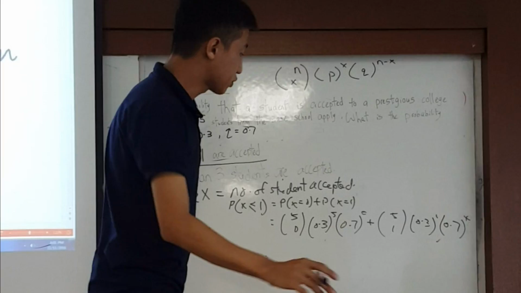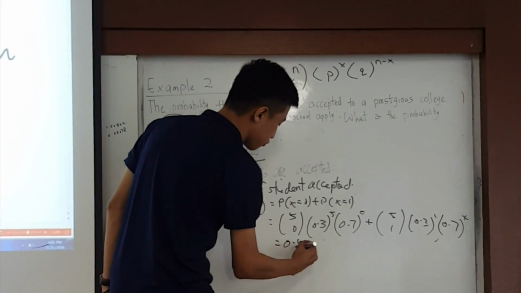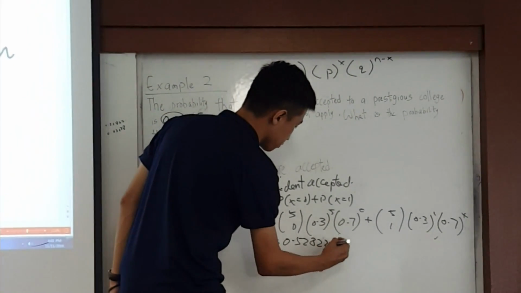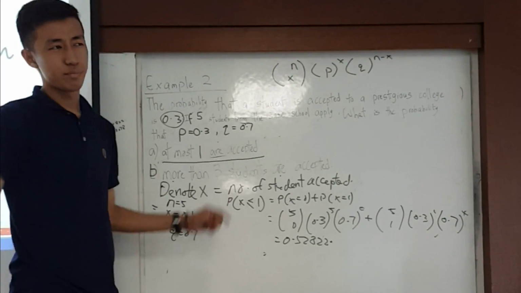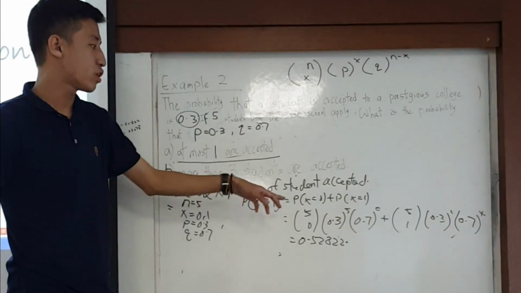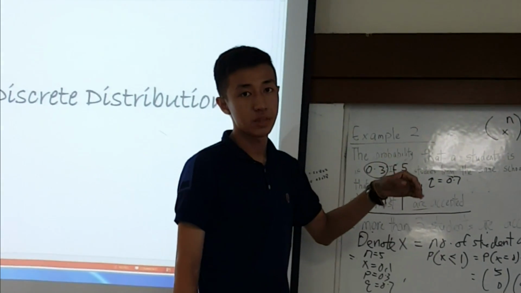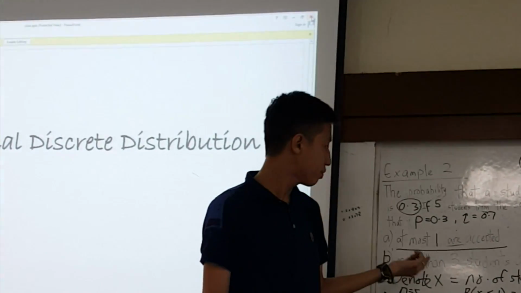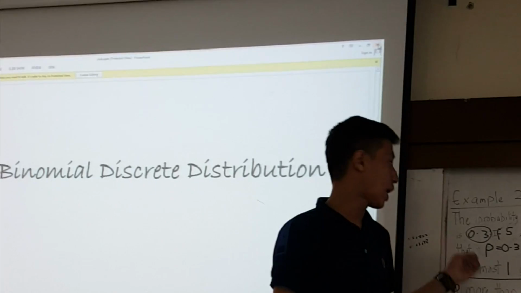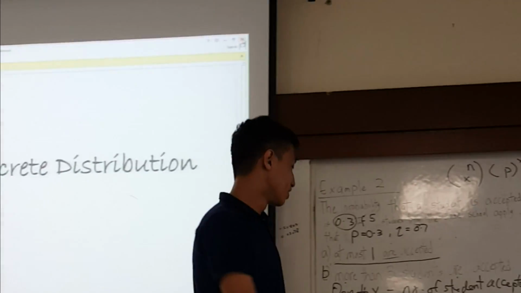For the first question, the answer is 0.52522. This means there is more than a 50% chance, which is 53%, that 0 or 1 students will be accepted to the university, which means at most 1 student is accepted.